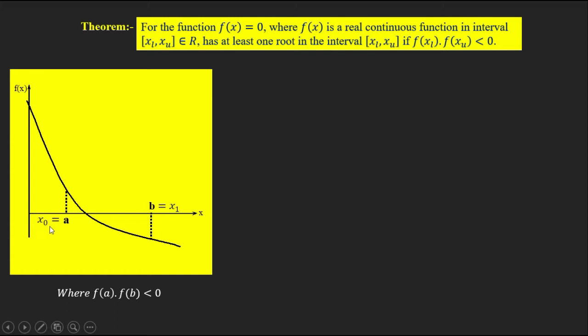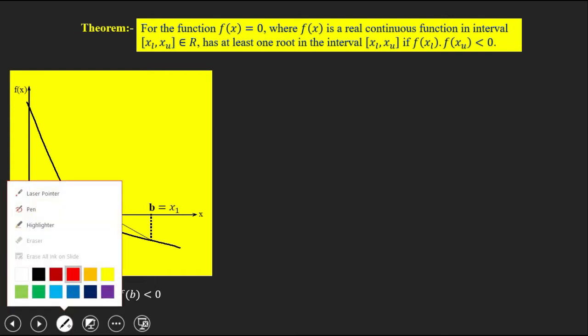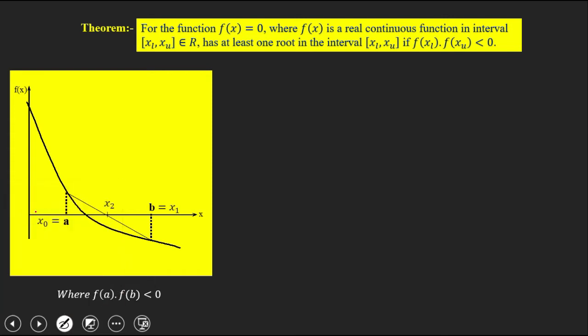We have considered x0 equal to a and b equal to x1 as the boundaries of this interval. Let us consider a chord where the chord touches the x-axis at x2, the chord in the interval from f of a to f of b.